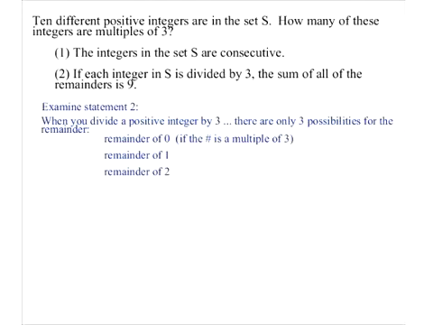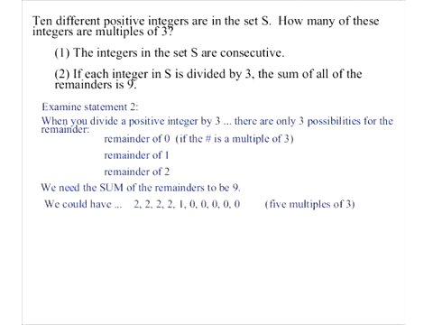We need the sum of the remainders to be 9. So with 10 remainders, we could have a 2, a 2, a 2, a 2, a 1, and the rest would be zeros. So that means we have 5 multiples of 3, because each time the remainder is 0, that means you have a multiple of 3. If you want to pick actual numbers that will do this, you certainly can.